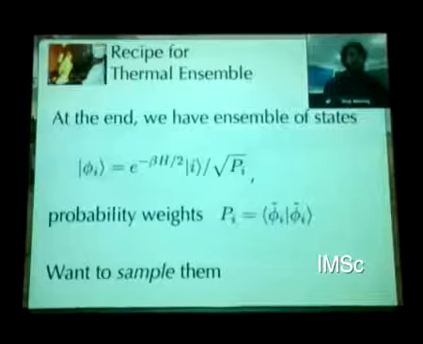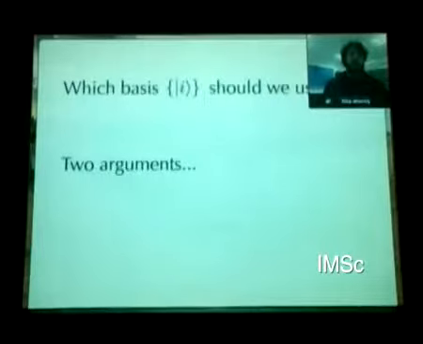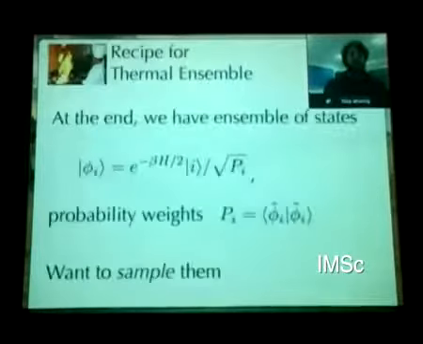So you've made one of these ensembles, and now you want to sample the phi I with relative probability p I. So you want to take a random walk in the space of the phi I's. And if you take an expectation value, you're guaranteed to get the right thermal average.